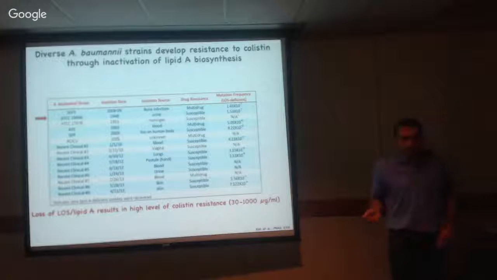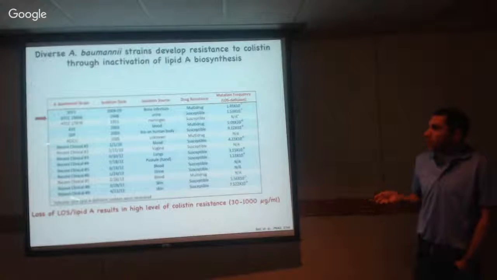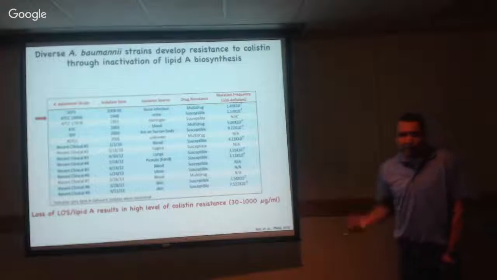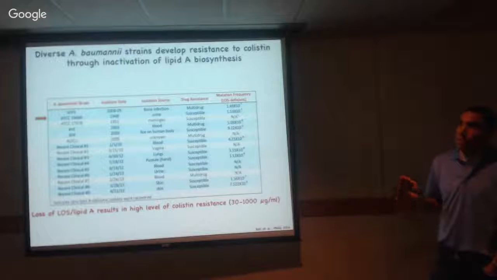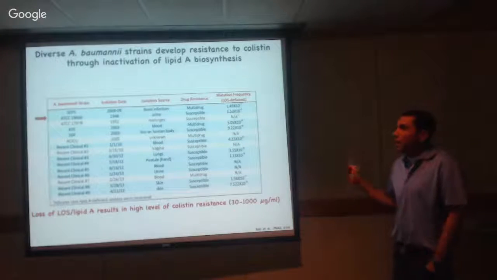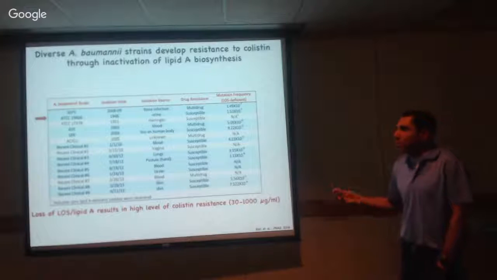We collaborated with an infectious disease doc, and he gave us a number of recent clinical isolates of these Acinetobacter strains. The previous paper that we found in the literature had only examined the 19606 strain, which is what the data I just showed you was from, and we were able to verify what they had done.